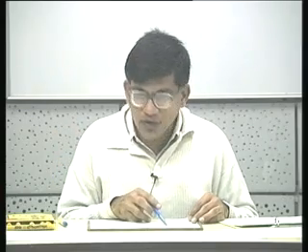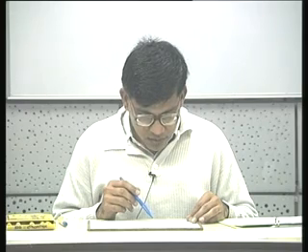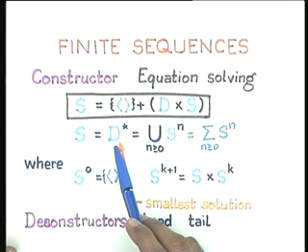D is some data domain, something that you already know. S is the unknown variable.